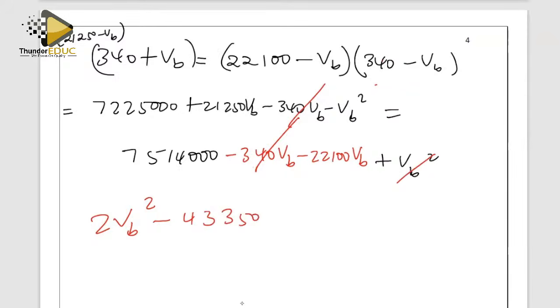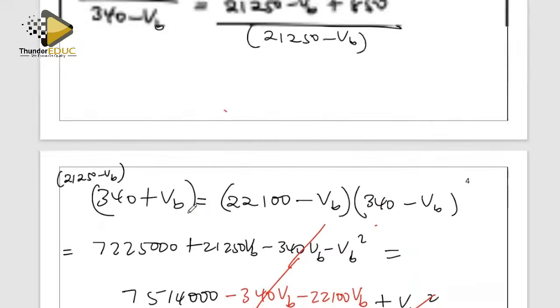Then when I subtract that, 7514. Okay, so it is equal to this. So when I solve this, at the end of the day, I'm getting my VB to be 6.8 meters per second. Guys, please help me with what you got in that regard, okay?